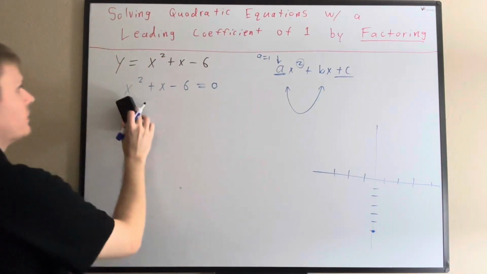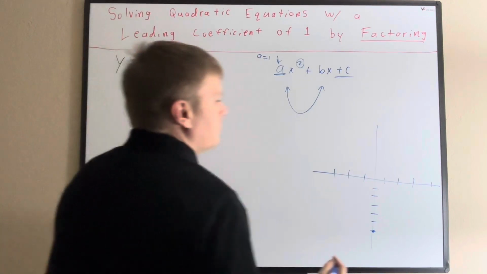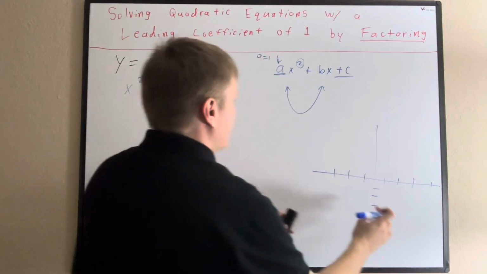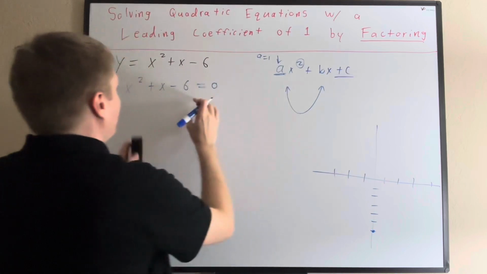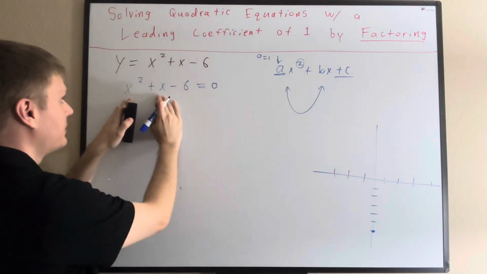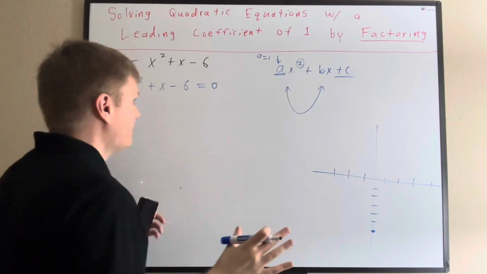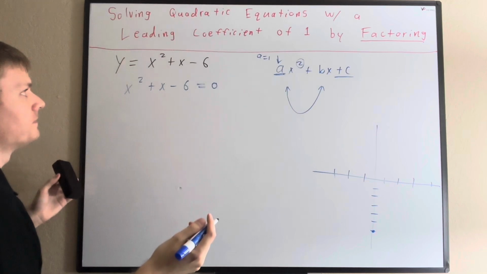And that's why we're solving for x by setting y equal to 0, so that we can find both of the x-intercepts. So when we found the y-intercept, we set x equal to 0. But when we find the x-intercepts, we set y equal to 0. With me?